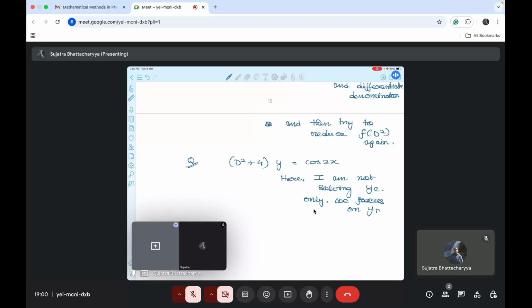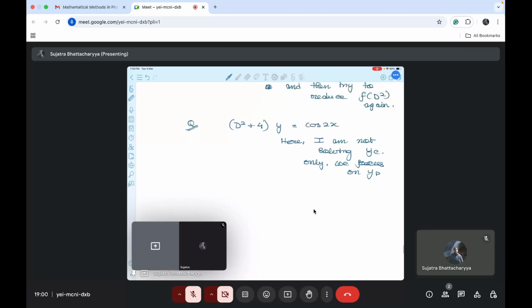But remember, the total solution will always be yc plus yp. Okay, so let's see. Y of p is equal to cos 2x divided by f of d square, because there is a d square here. So you can write it as cos 2x upon d square plus 4.